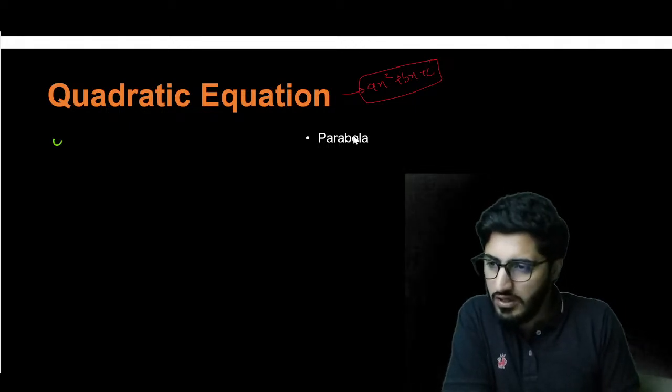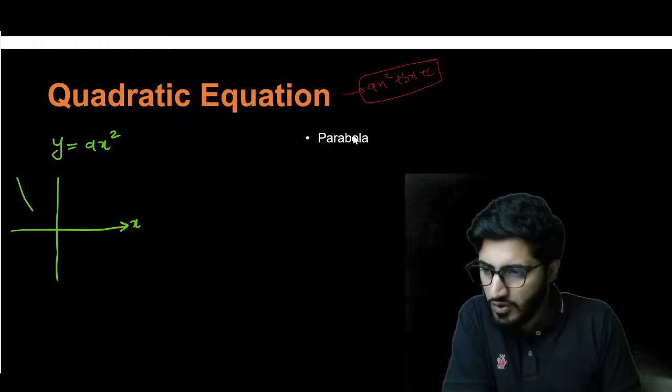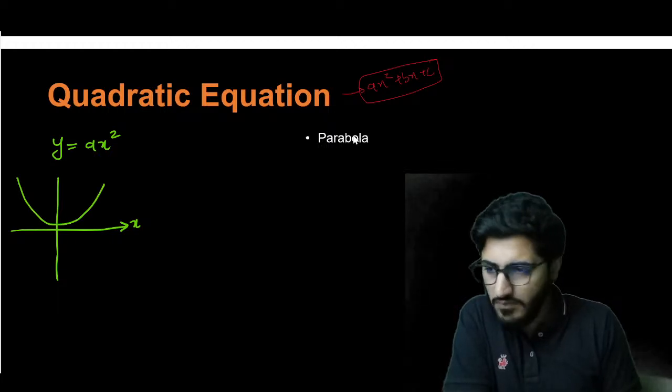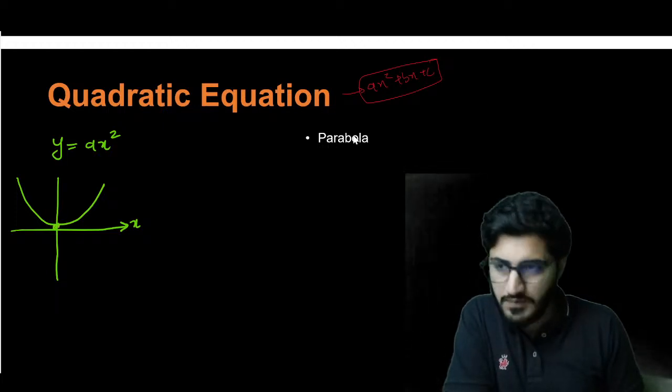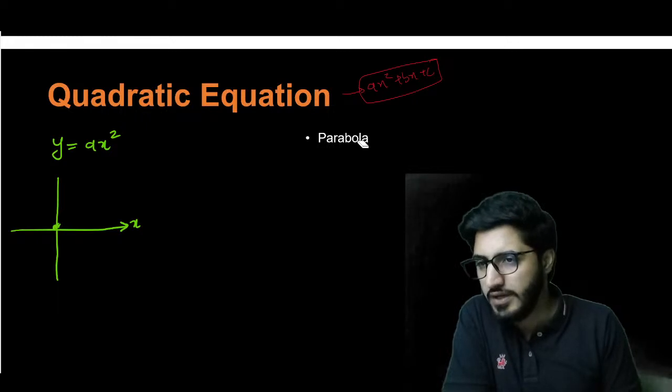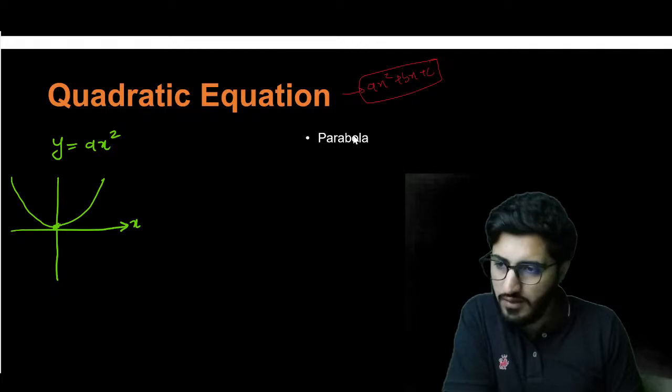So if we are having only y equals to ax square present, this one is x, so my graph will look like this. It will touch it, right? You will get confused now. I have to make it like this. Graph will look like this parabola.